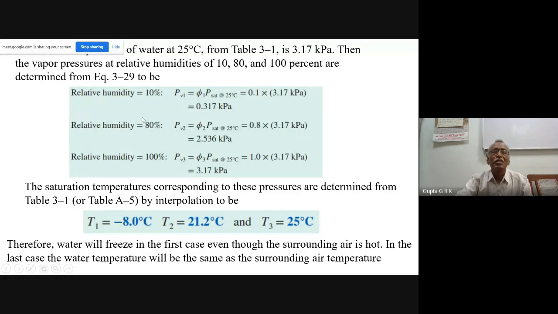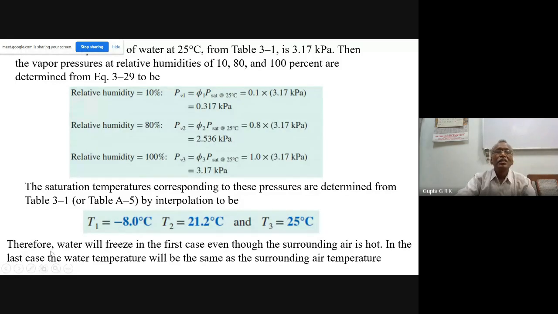If it is 80% relative humidity, the vapor pressure is this. And if it is 100% relative humidity, the vapor pressure is this. And the saturation temperature corresponding to these, again from the saturation tables, is -8 degrees centigrade, and this is 21.2 degrees centigrade, and this is 25 degrees centigrade.